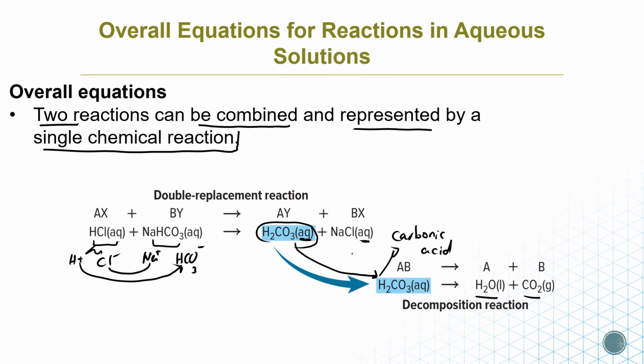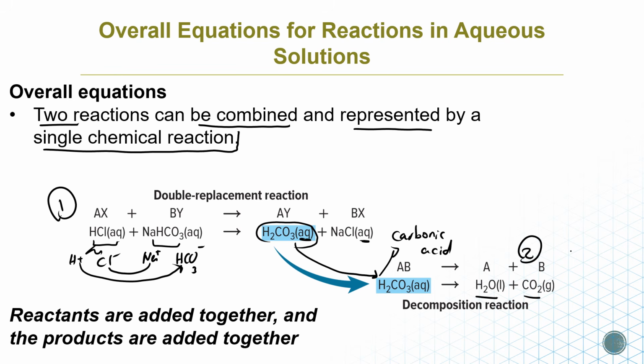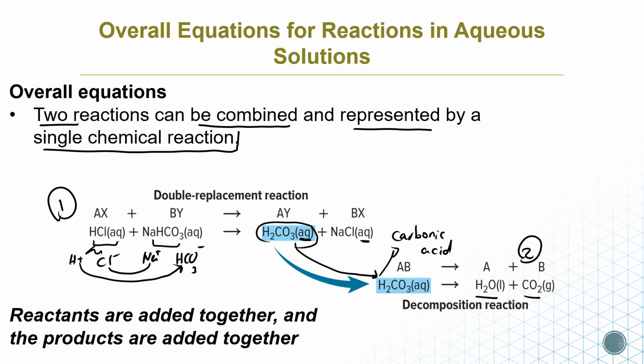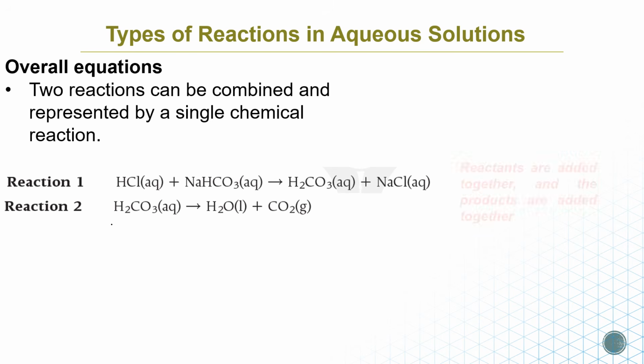So there are two reactions happening here: reaction number 1 and then reaction number 2. So how do we add these two equations together? First, write reaction number 1 here, and write reaction number 2. Now, how do we add these two equations?